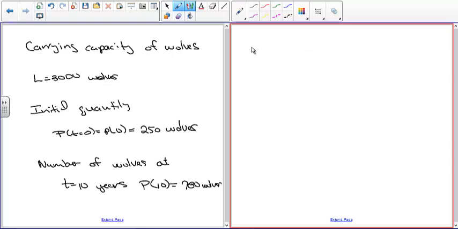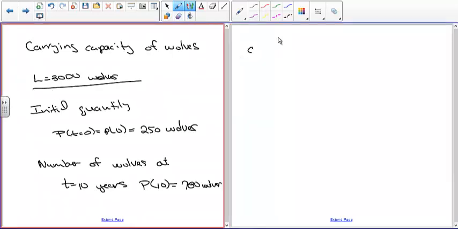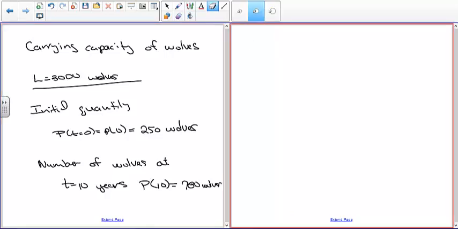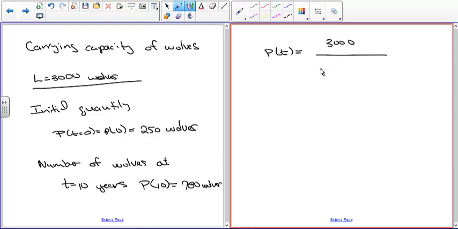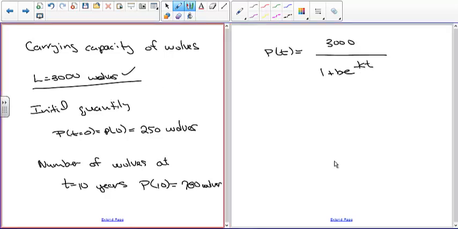So the first thing you do is calculate, well, really you don't have to calculate because it's given. So you'd say, P of t is going to be equal to 3,000, which is L, divided by 1 plus b e to the minus kt. So that takes into account that.